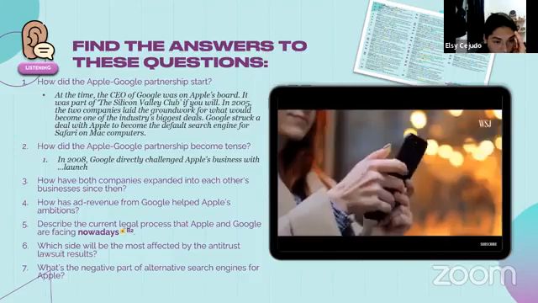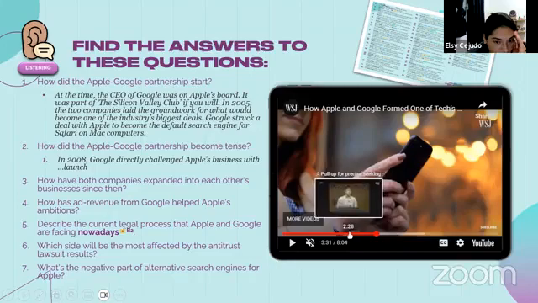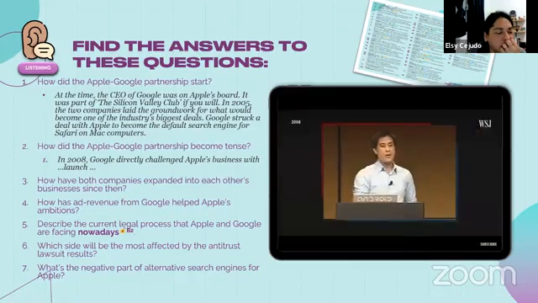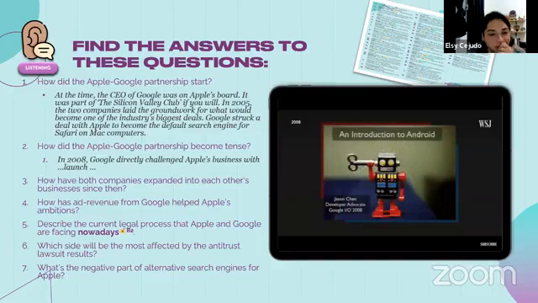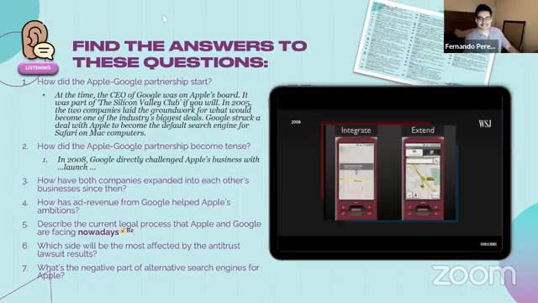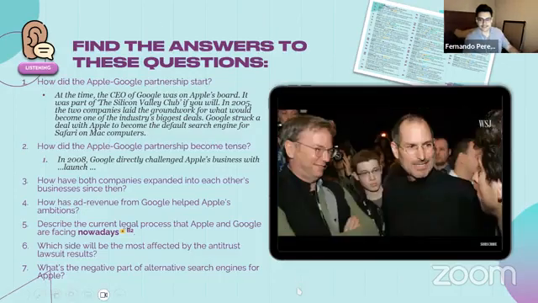Okay, challenge, continue. Second repetition. And final repetition. Issue.